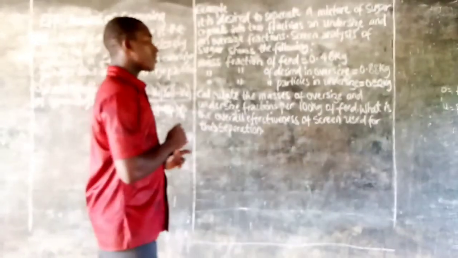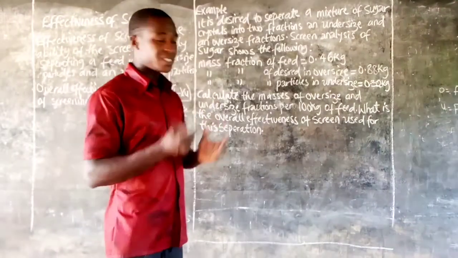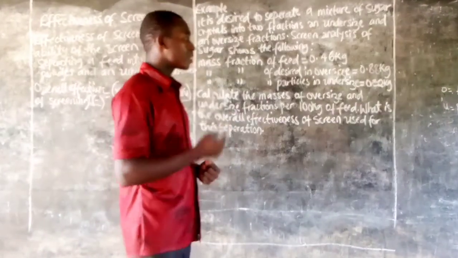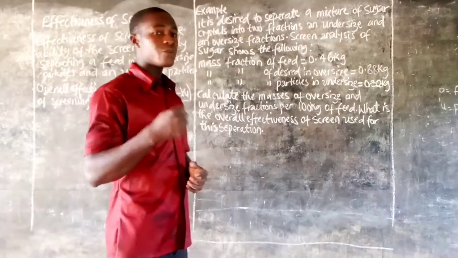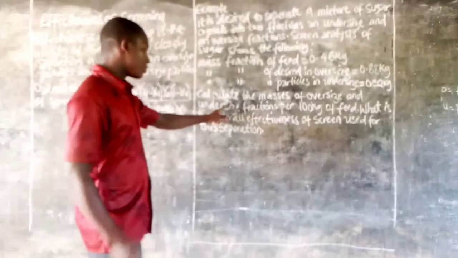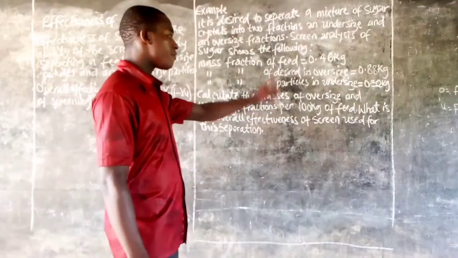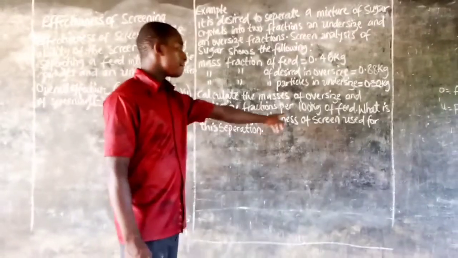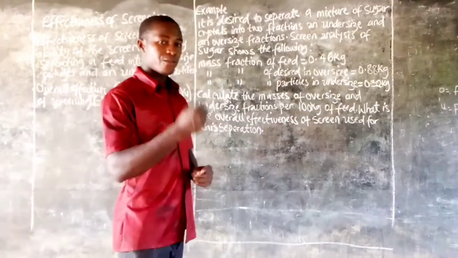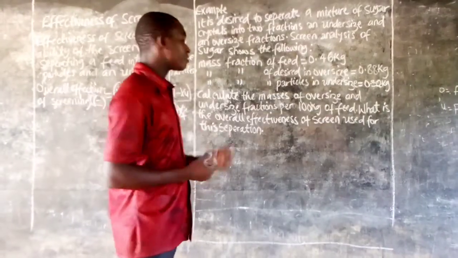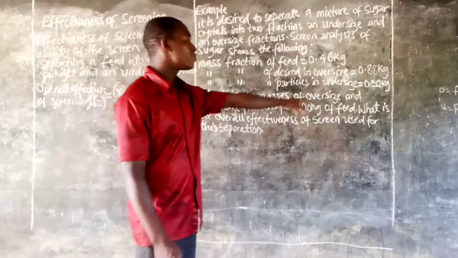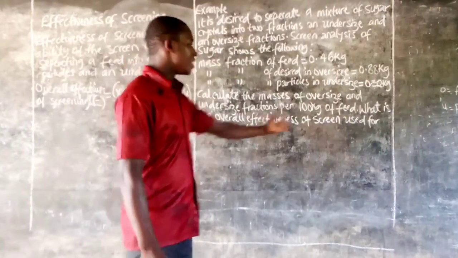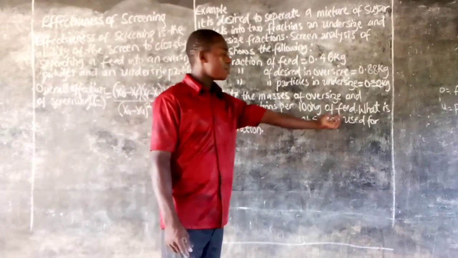Then the mass fraction of particles in undersized material is equal to 0.32 kg. Calculate the masses of oversized and undersized fractions per 100 kg of feed. That is, they are trying to tell us to calculate the amount of oversized and the amount of undersized in 100 kg of the feed.